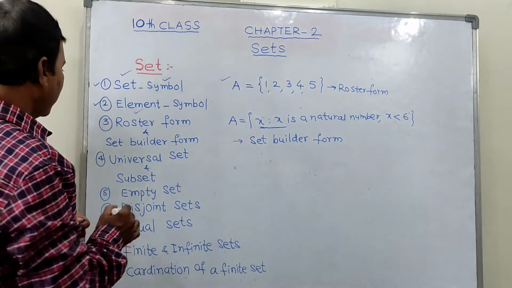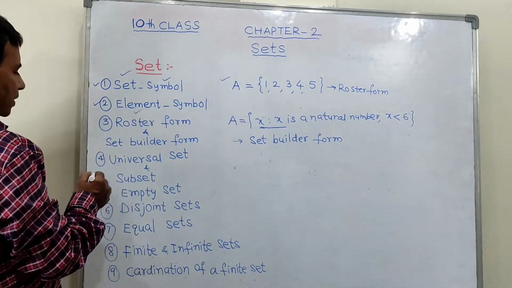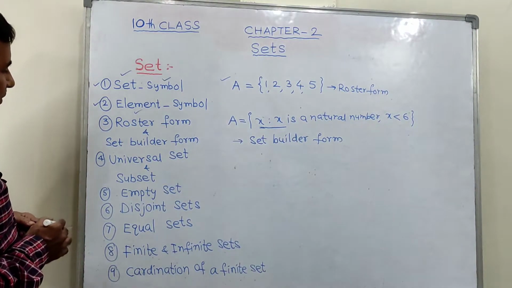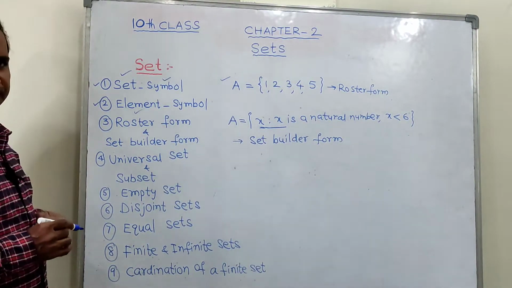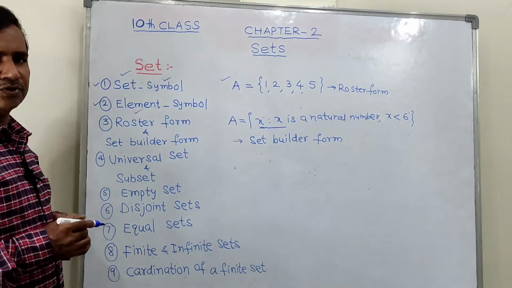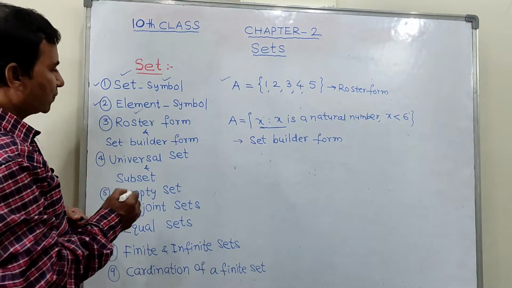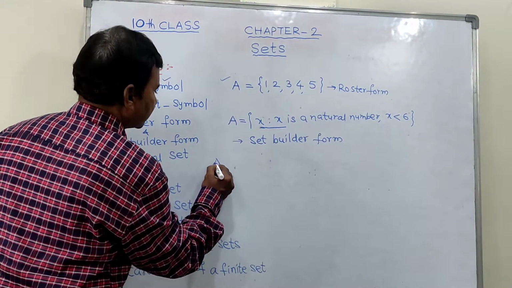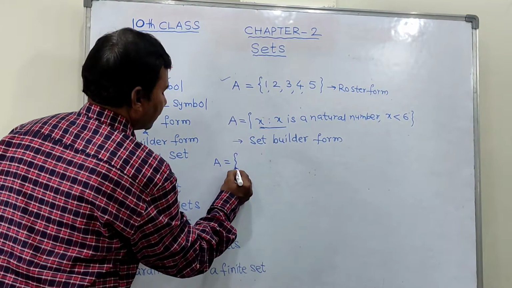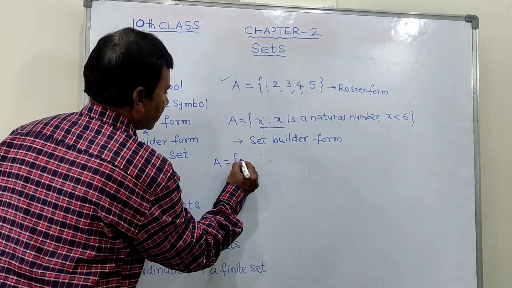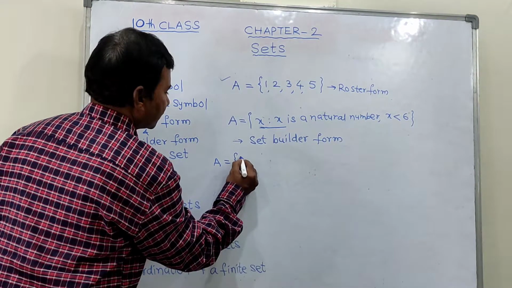Clear? Now, let us move to another one, universal set and subset. Universe means you know it very well. All will be there in that only. Means the set containing all the other small sets.